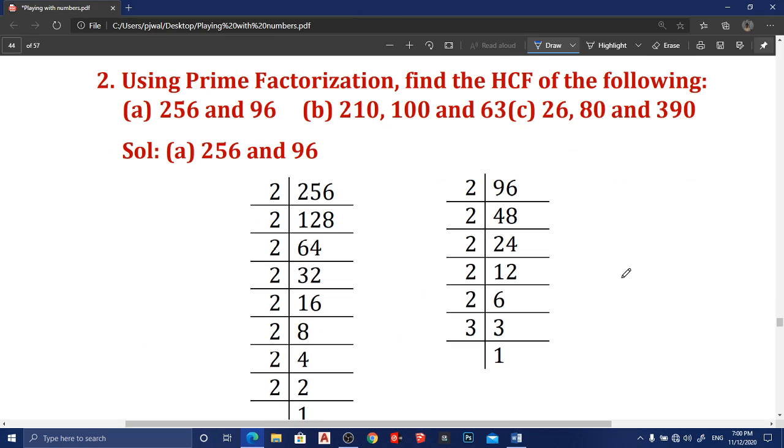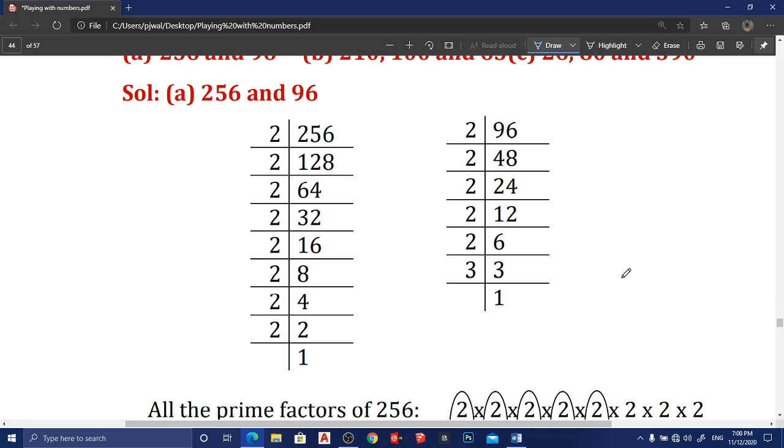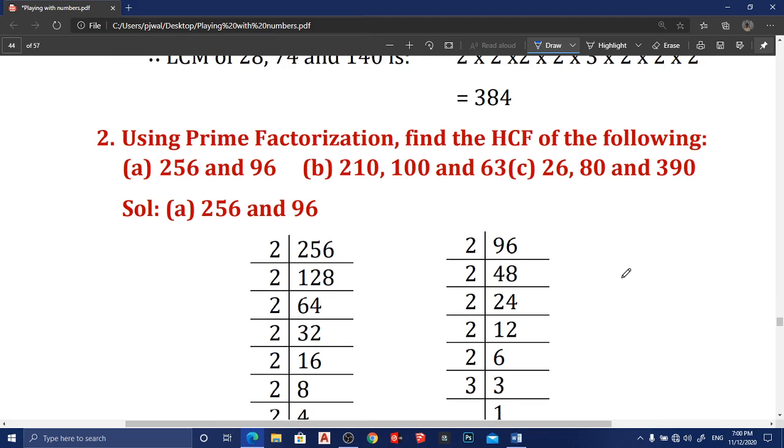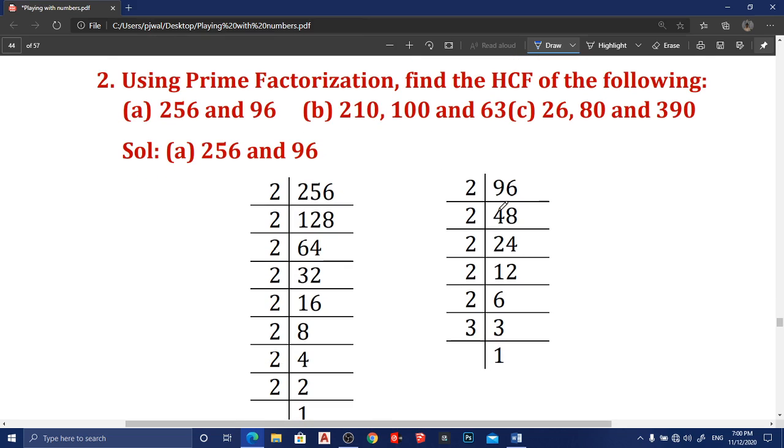See the first problem here, 256 and 96. You can solve this problem using two methods. In the prime factorization method only, two methods are there: finding out the prime factors separately, like in LCM, already explained, and you can take the common division method using the prime factors also. Both are prime factorization methods only.